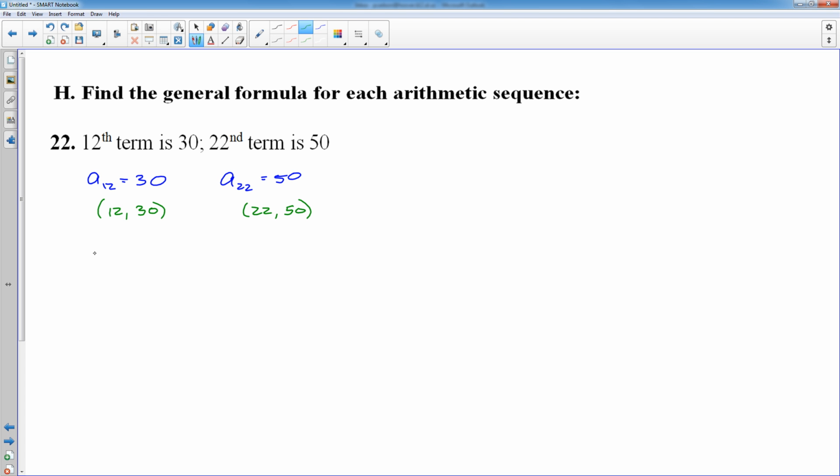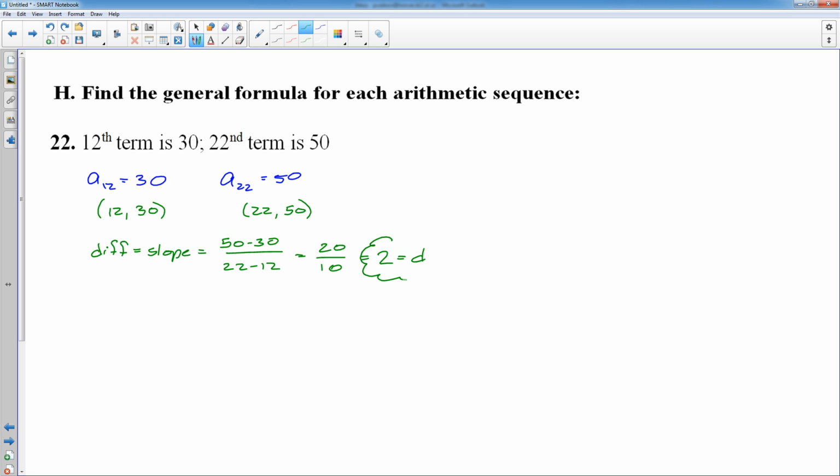Then I'll start by finding my common difference, which is the slope of the line, which would be change in y, 50 minus 30, over change in x, 22 minus 12. 50 minus 30 is 20. 22 minus 12 is 10. And you get a common difference of 2.